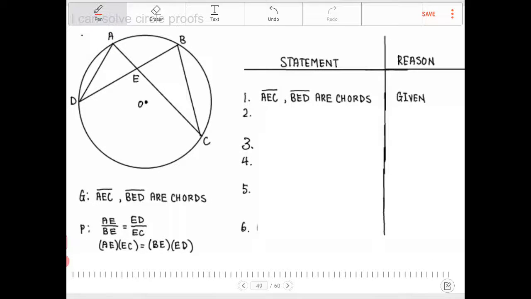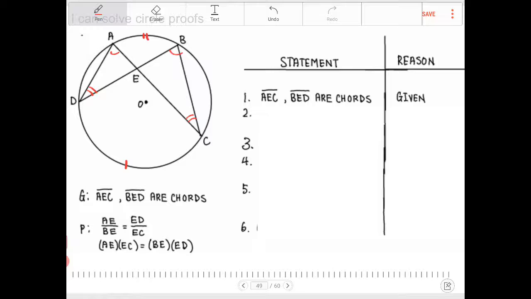Well, I immediately know that angle A should be congruent to angle B because they both intercept arc DC here. And I also know that angle D should be congruent to angle C because they both intercept angle AB. And the reason for all this is inscribed angles intercepting the same arc are congruent.